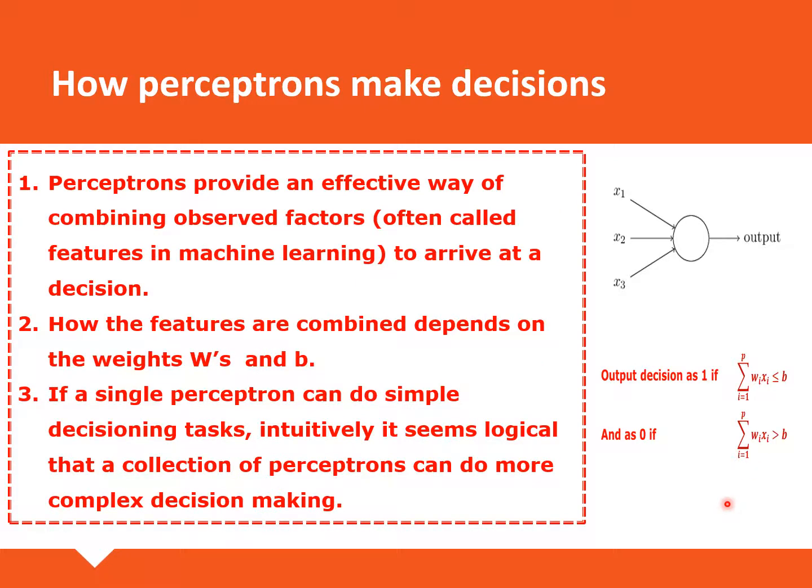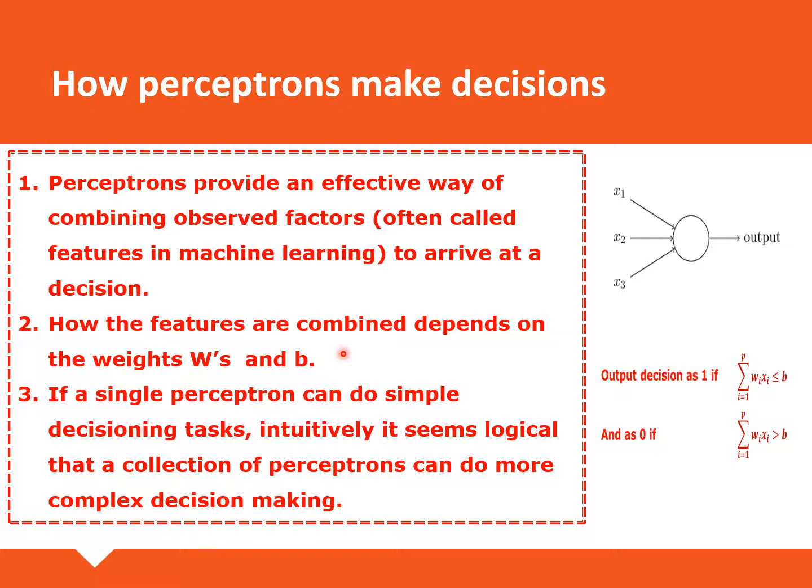And we also concluded that it's a very intuitive and effective way of combining different sources of information to arrive at a decision, and the decisioning model actually depends on the choice of weights w and the b. So given a set of x's, what kind of decision will be arrived at depends on both the weights and the threshold b.